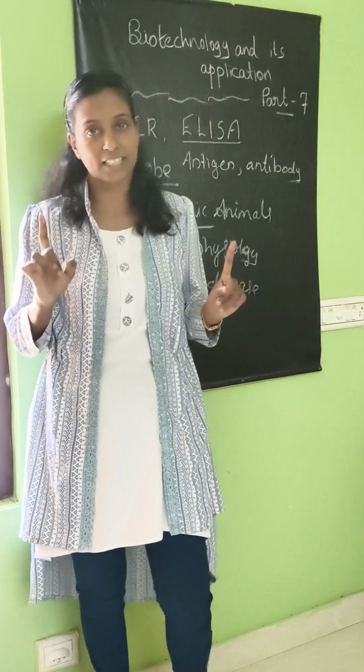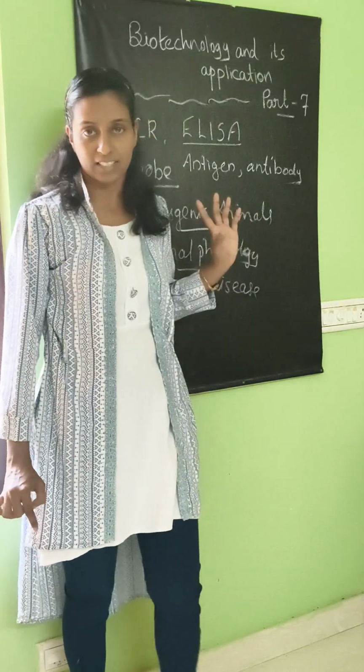There are also transgenic models for diseases like cancer and cystic fibrosis, human disease models made with transgenic animals, so that immediately they can study which gene is responsible and what the treatment and prevention are.